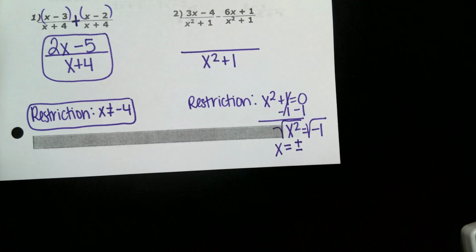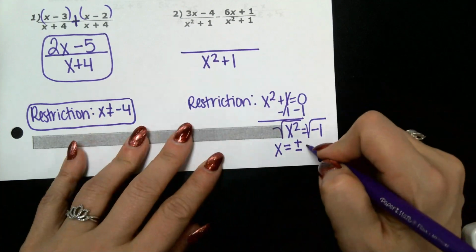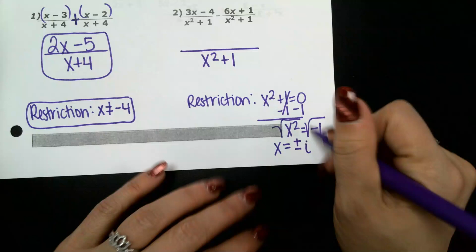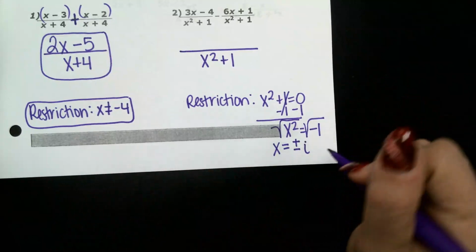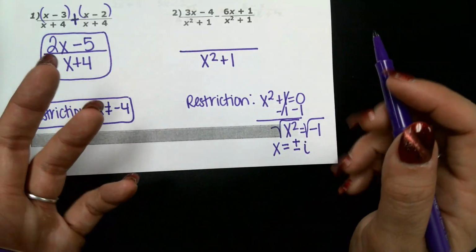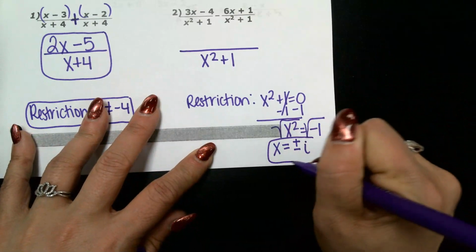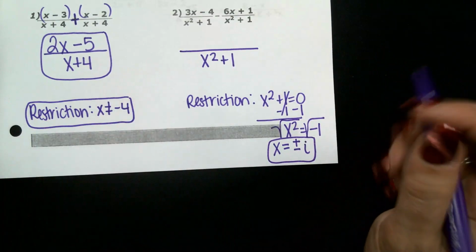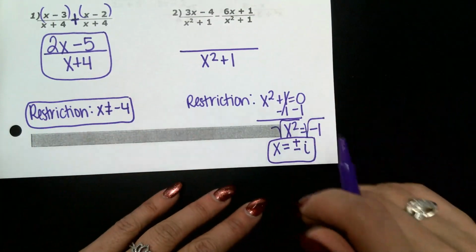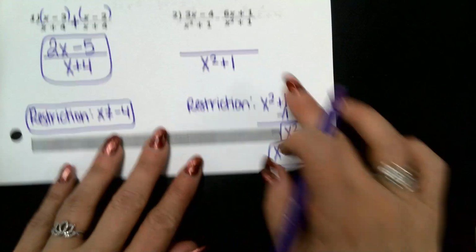What happens if you have a negative under the radical? It's the letter i, right? The square root of -1, if you remember back to the last unit we did, that's your imaginary number, isn't it? Yeah, so there are actually no real number restrictions to this one.